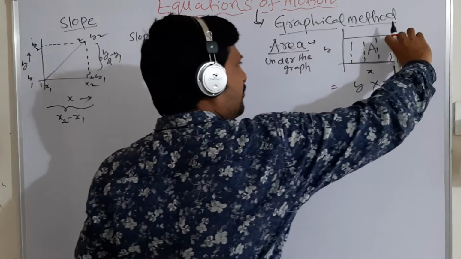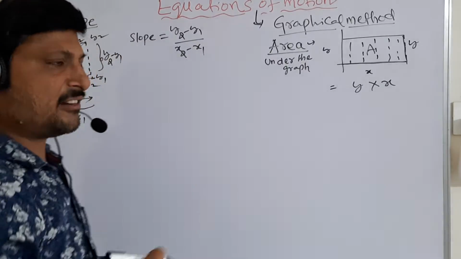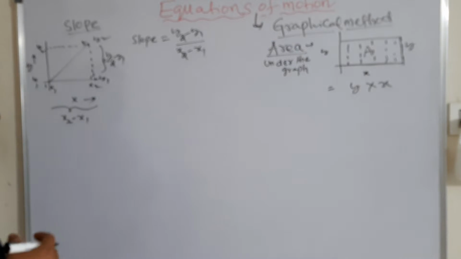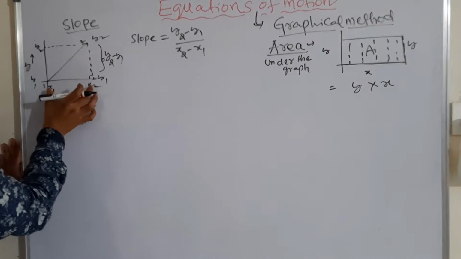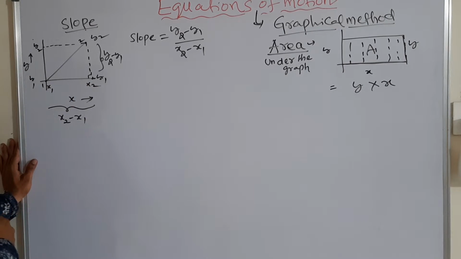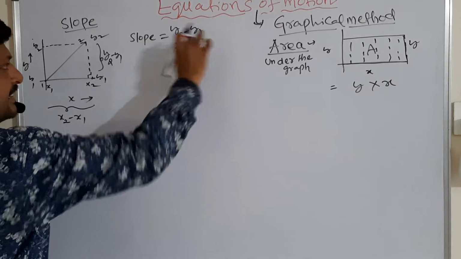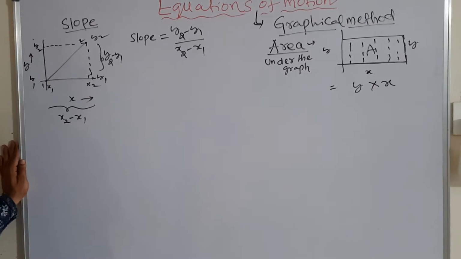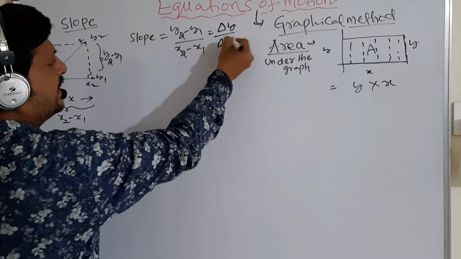See here the difference. Slope means ratio of change in y-axis by change in x-axis. Okay? They simply write delta y by delta x.